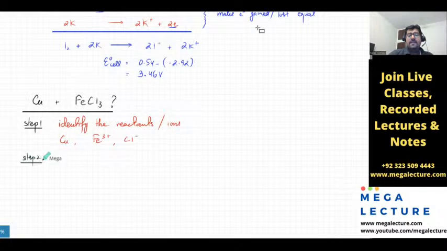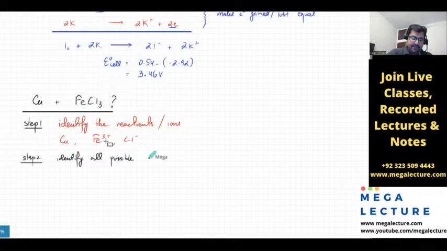Now every species has multiple possibilities. Copper could turn into copper 1 plus. Copper could turn into copper 2 plus. Same with Fe3 plus. So what you're going to do in step 2 is identify and write down all possible electrode reactions, all possibilities that can happen to it.